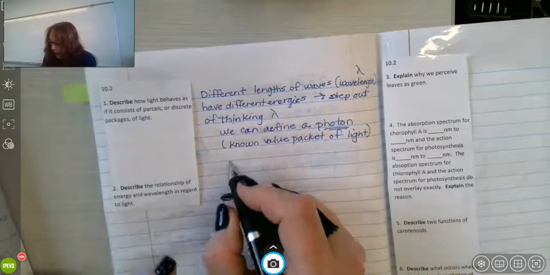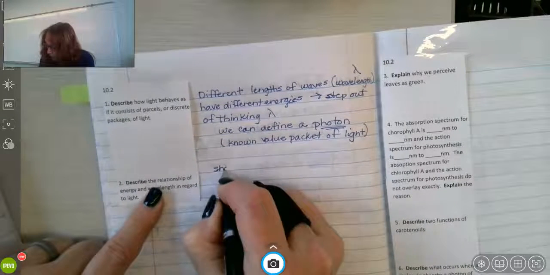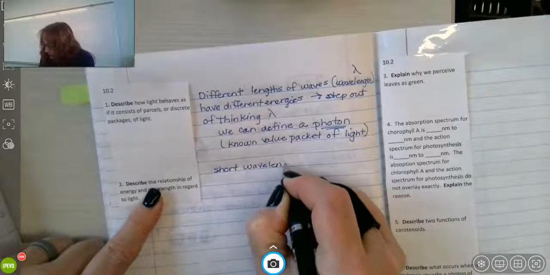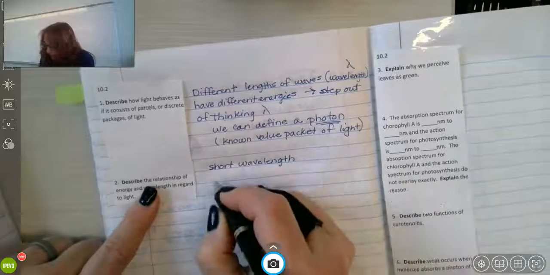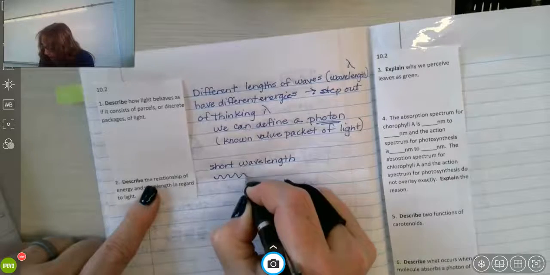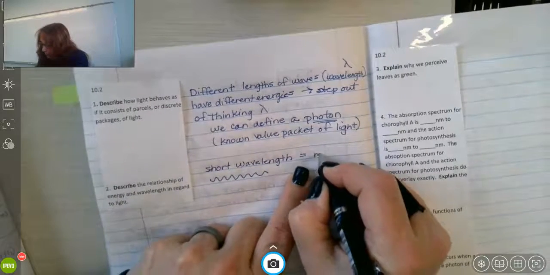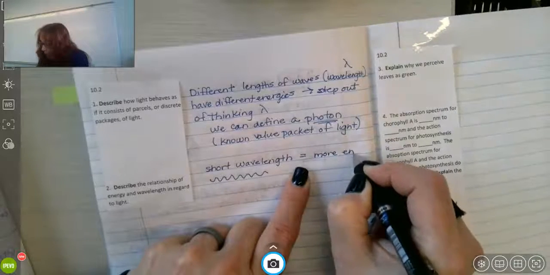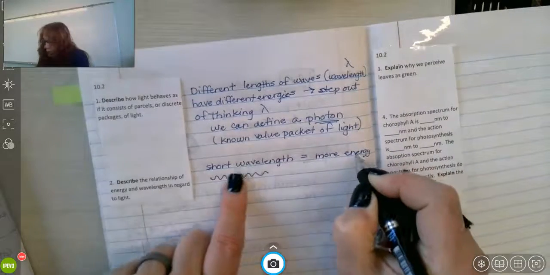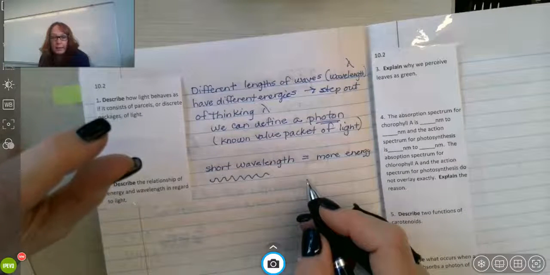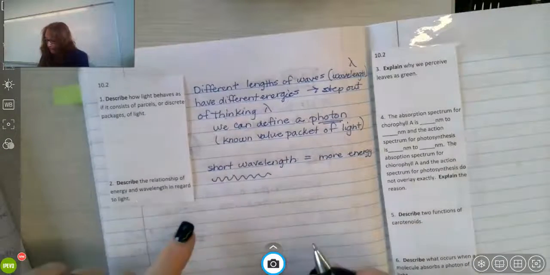But we want to think about it this way. If you've got a short wavelength, so it looks like this, it equals more energy. So short, small, inversely proportional has more energy.